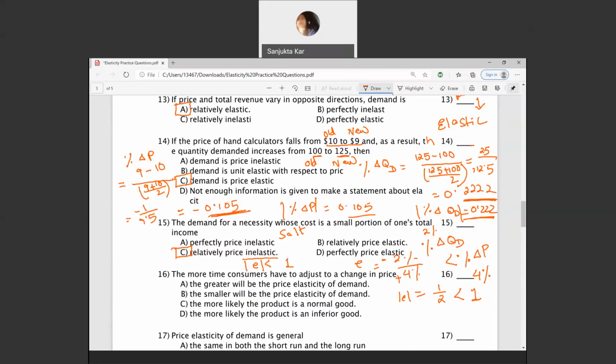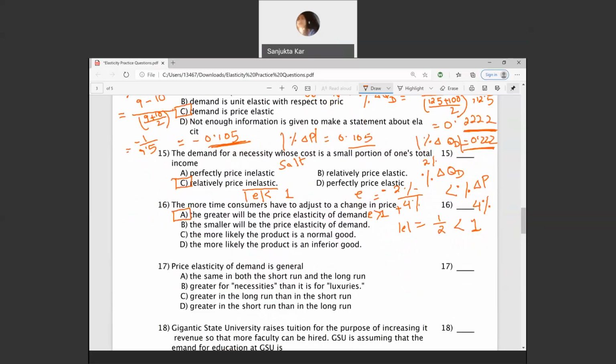Alrighty, question number 16. The more time consumers have to adjust to a change in price, the greater will be the price elasticity of demand. That means E is greater than 1 and the demand curve will be more flatter.